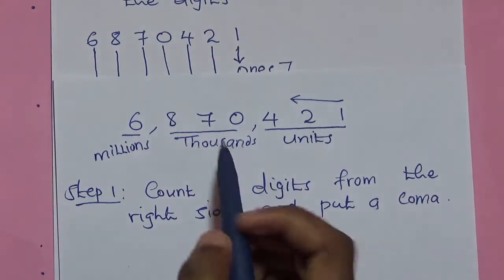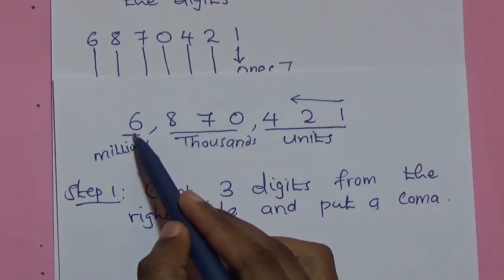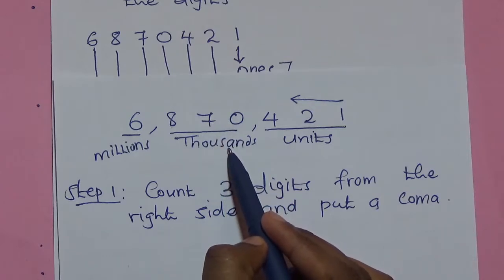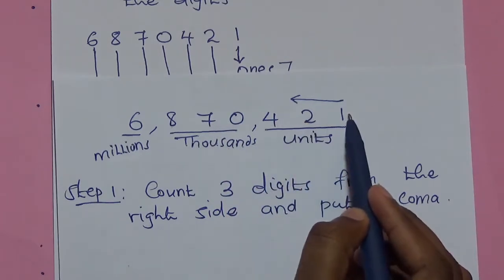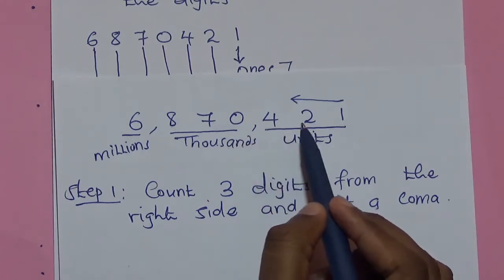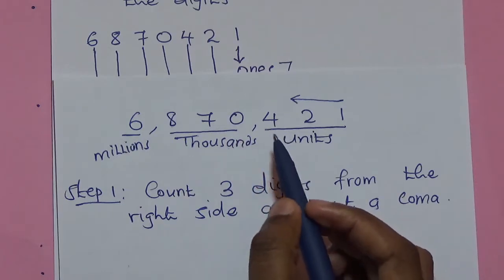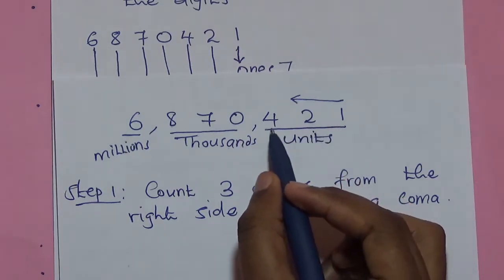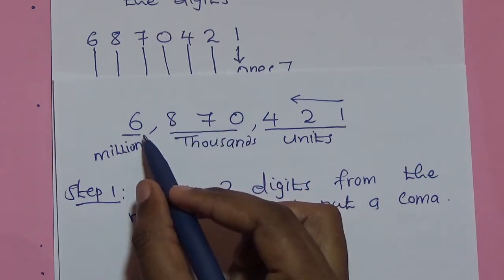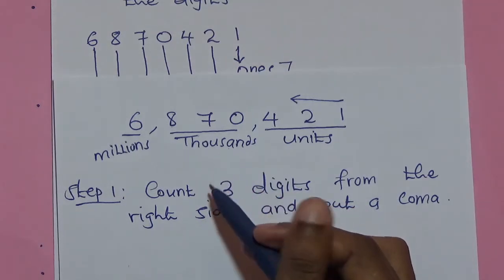And then you write the number in words as we have done. It will be 6 million 870 thousand 421. So, this is just to show you a simple way of writing a number in words. You simply count 3 digits, you put a comma. You count 3 digits, you put a comma, and then you classify. After that, you can simply write it in words.